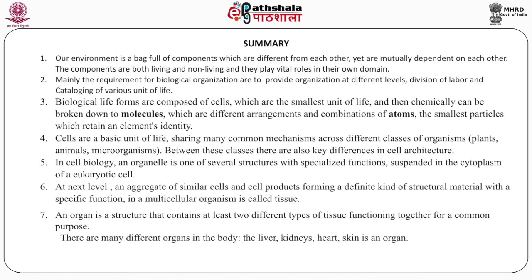Cells are the basic unit of life, sharing many common mechanisms across different classes of organisms like plants, animals, microorganisms. Between these classes, there are also key differences in cell architecture.